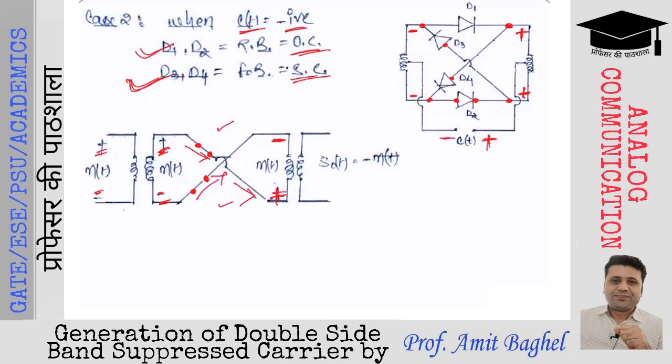So this is the negative polarity and this is the positive polarity. Hence MT will be observed at the output side but with the different polarity. So S naught T will be equal to minus of MT.